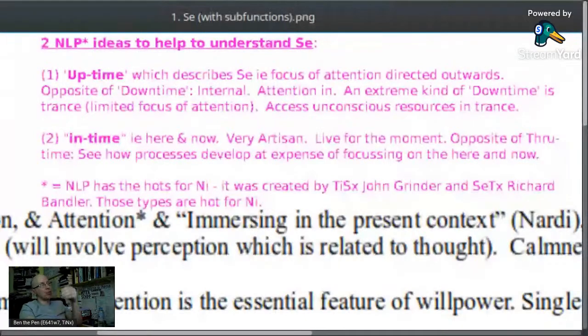So those two ideas from Socionics, NLP, correcting myself there, describe key features of SE, as opposed to NI, which is more concentrated inwards and about through time. So that's how SE and NI are opposite.